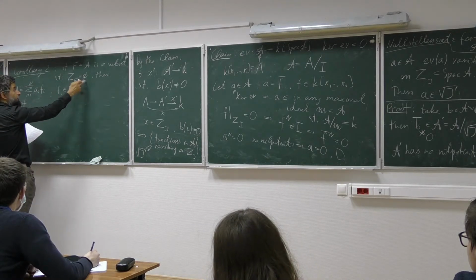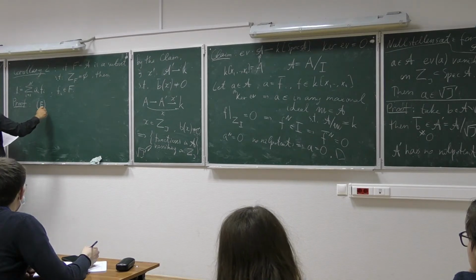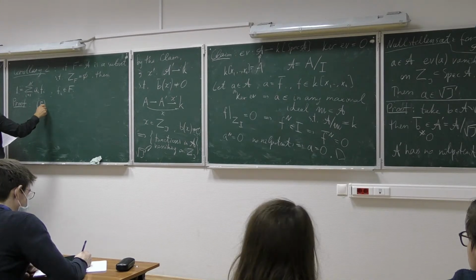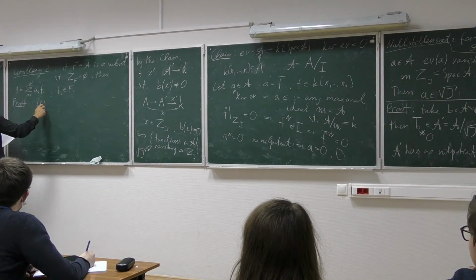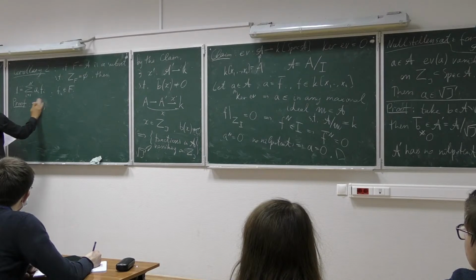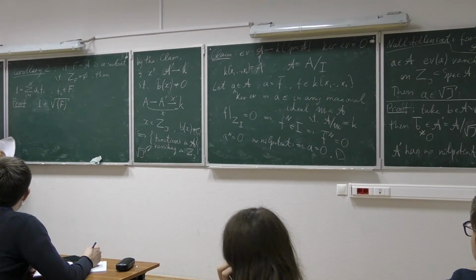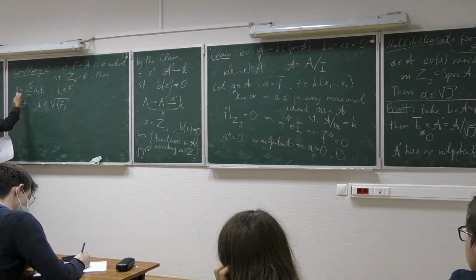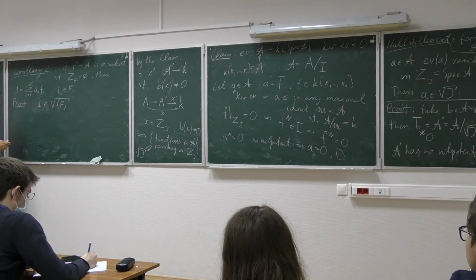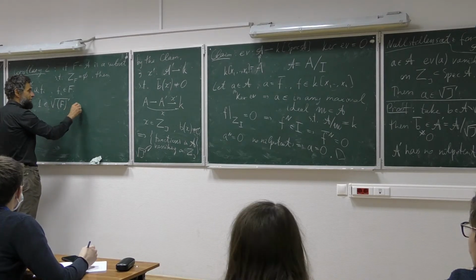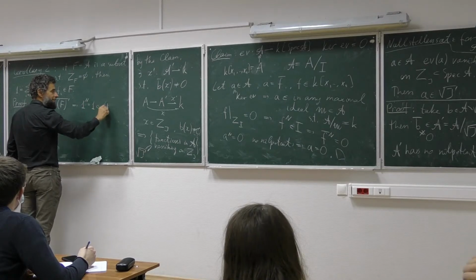And the proof is clear because since this zero set is empty, then 1 lies in the radical of the ideal generated by those elements. Because 1 vanishes on the empty set, and by the Hilbert Nullstellensatz, it lies in the radical of this ideal. So 1 to the power n is 1 and lies in this ideal.